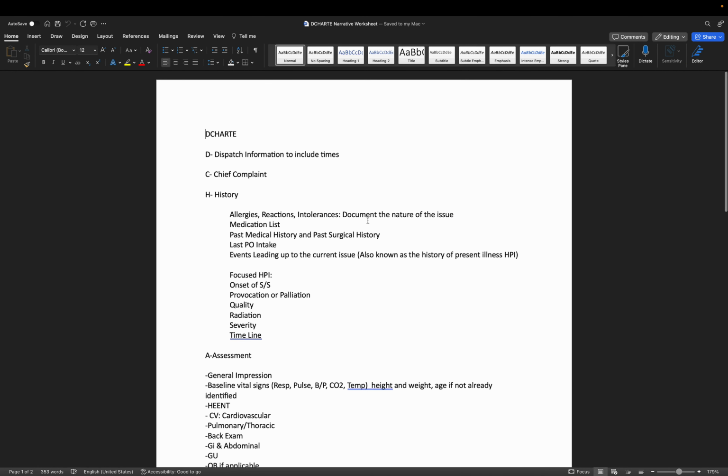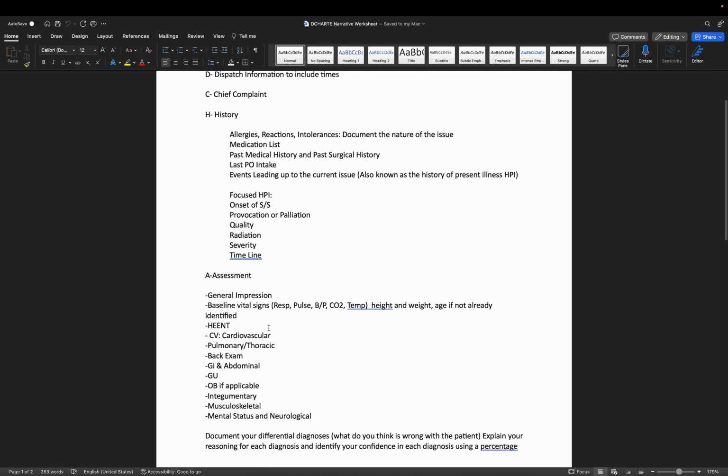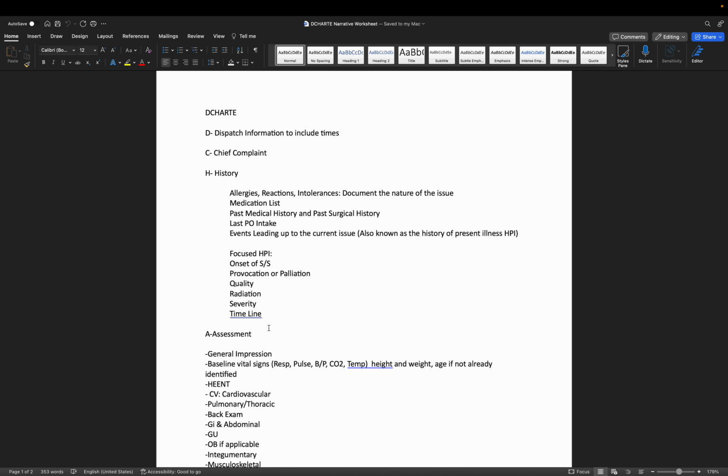So this is what I'm talking about right here. This is that narrative worksheet. And you see I have a blank skeleton set up for you all to use. As you're documenting your patient care, you can simply fill in the information in each component of the D-chart, right?